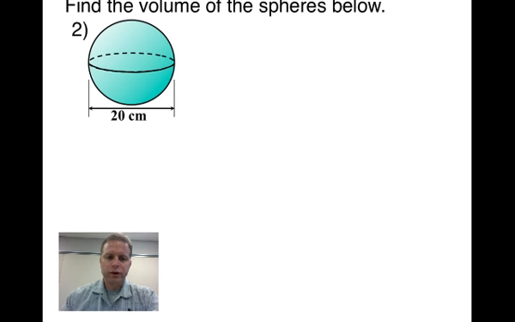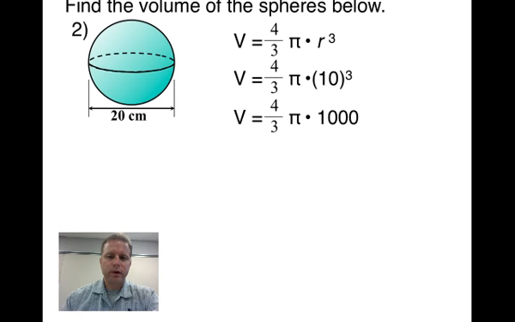Would you try number 2 here? Okay, so when you plug things in, you're going to have 4/3 times pi times 10 to the third power. 10 to the third power means 10 times 10 times 10, which gives us 1,000. So we'll have 4 thirds times pi times 1,000.